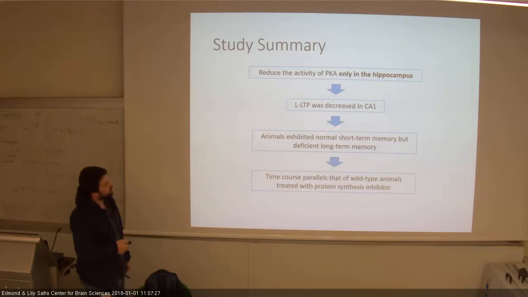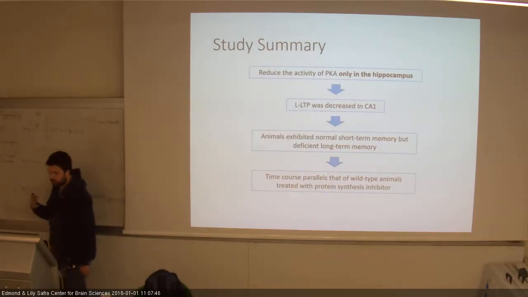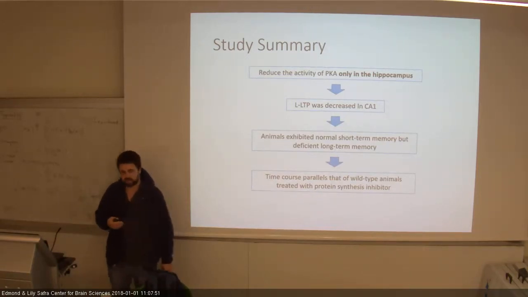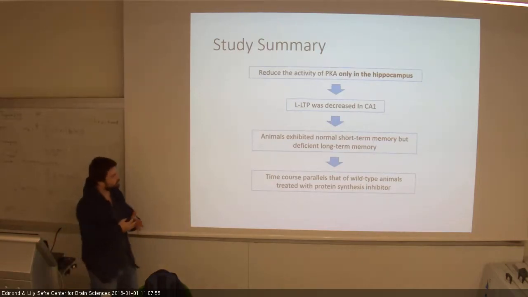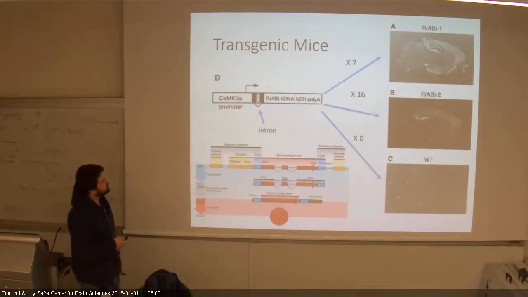Then they went to the behavioral test and saw that the animals exhibited normal short-term memory but deficient long-term memory, which is the connection between L-LTP and long-term memory. It was similar to what happens to animals that are treated with protein synthesis inhibitor. From that they deduced the connection between the two, but obviously there is no causal relationship in this step.